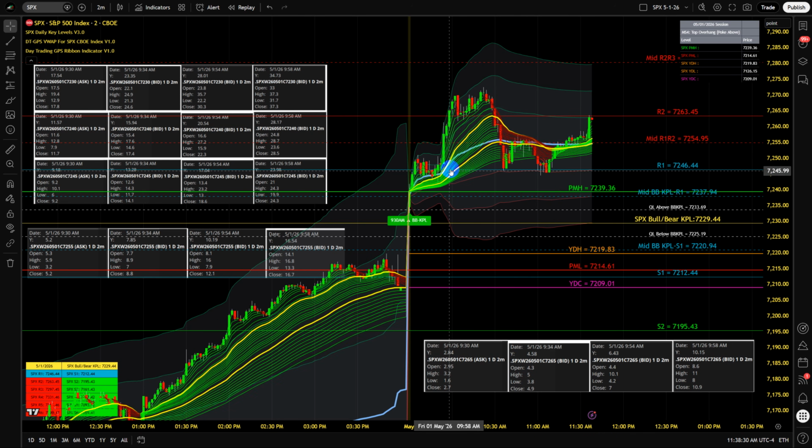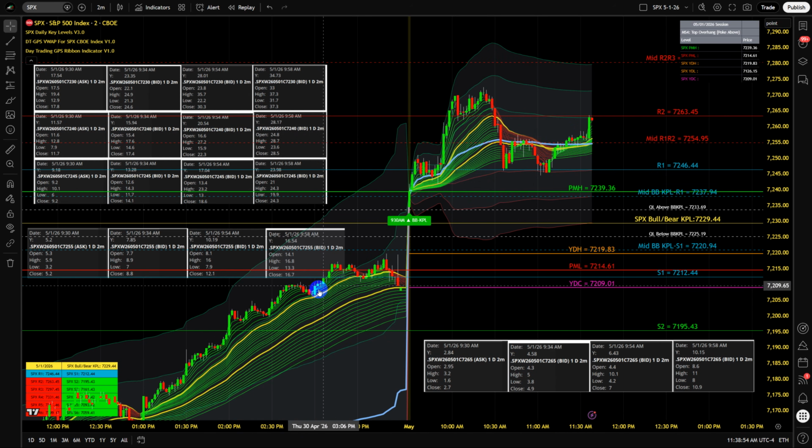Okay, so here on the 9:54 a.m. candle, we have a hit of the mid R1, R2. Here we have the close on the 72.30 at $30.30. The 72.40 is $22.30. The 72.45 is $18.60.